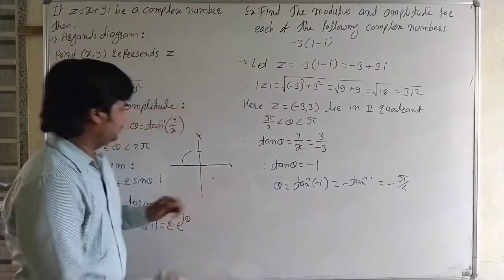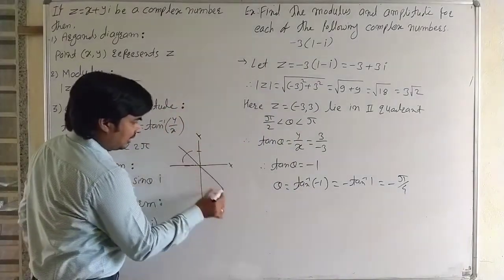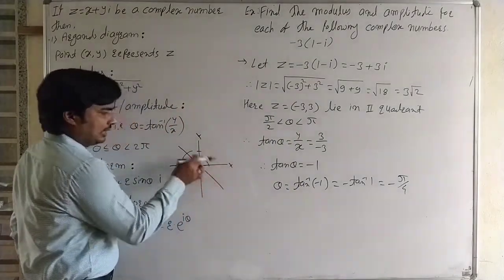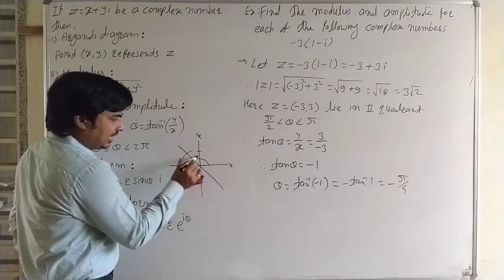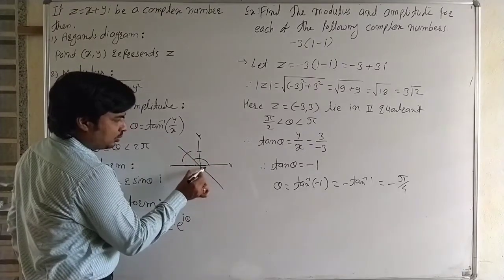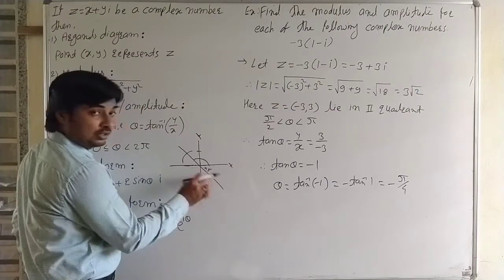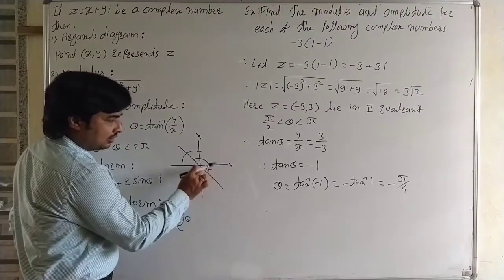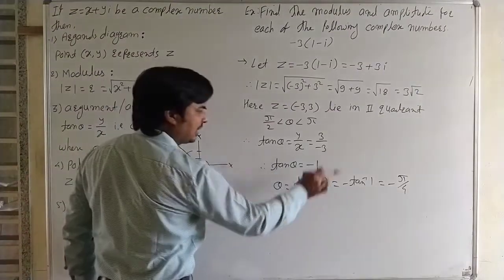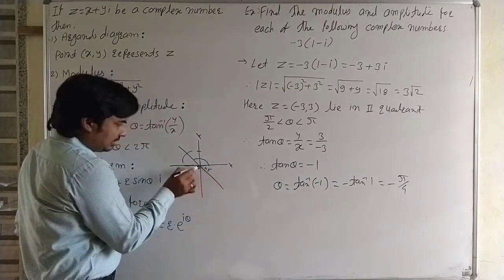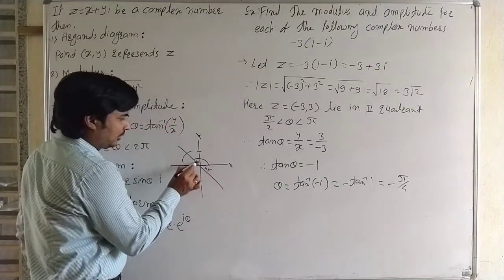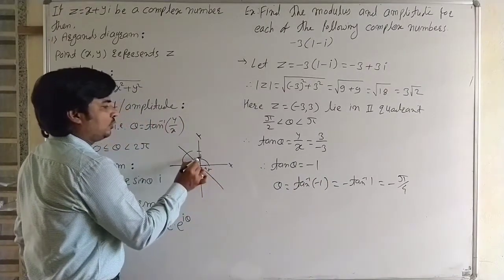Here θ makes an angle with the positive direction of the x-axis. Here this angle is 45, that is π/4. Therefore tan of -45 is -1, but with this angle of 45, the total angle is 135.